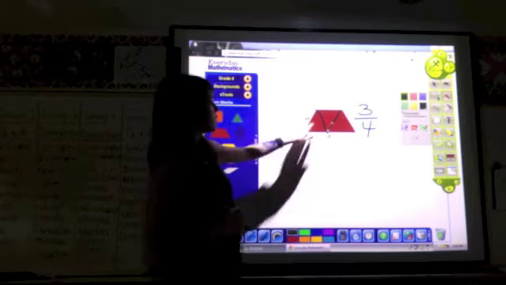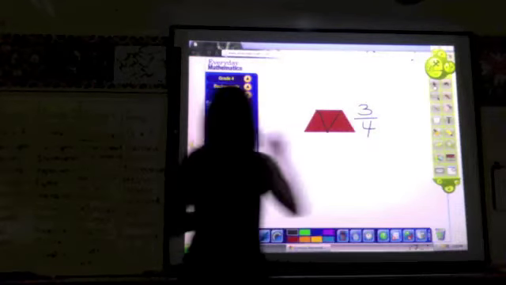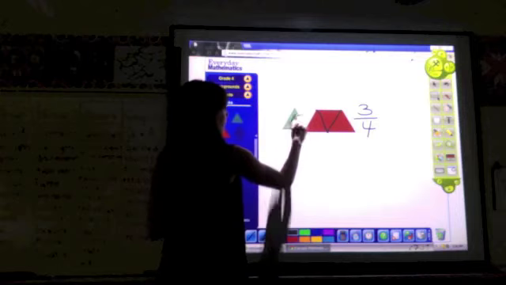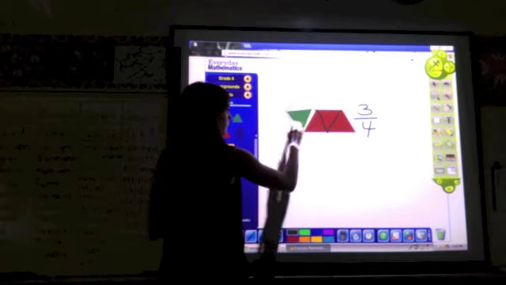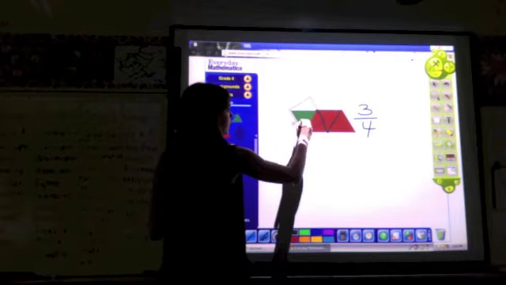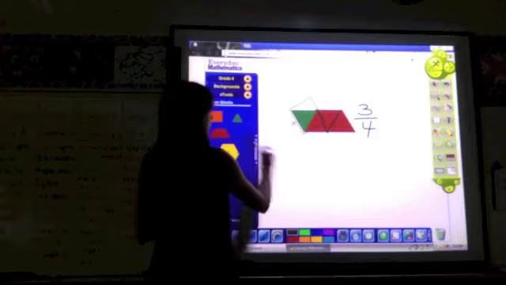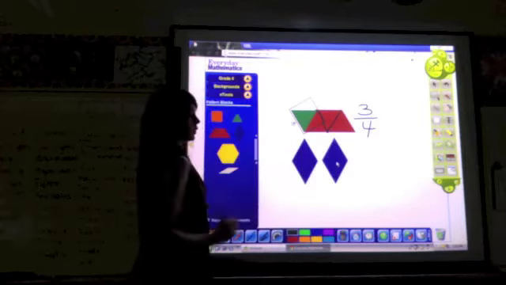So I know that if this equals 3 out of 4 groups, all I would need to do is add one more triangle to that shape. And that is the equivalent of 2 rhombuses.